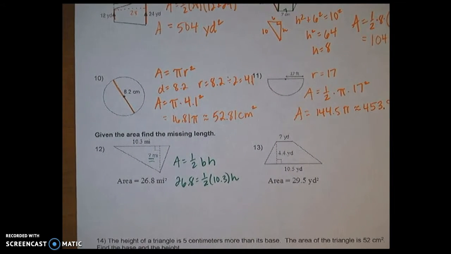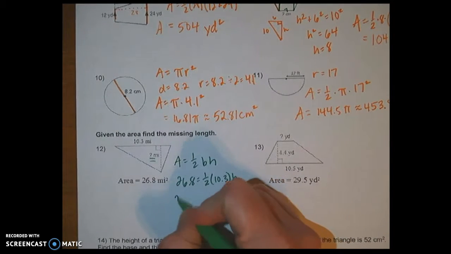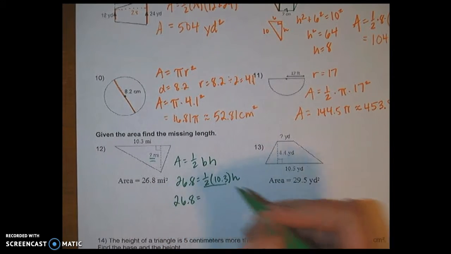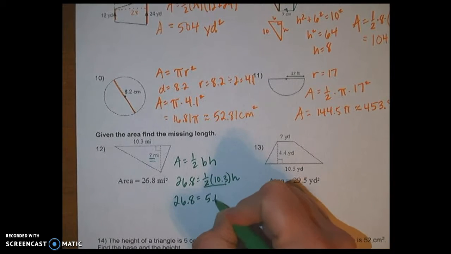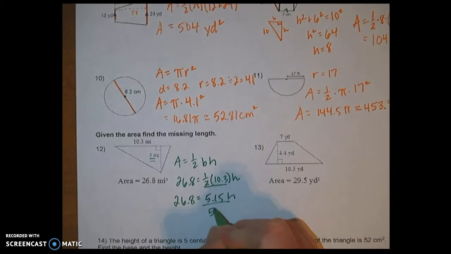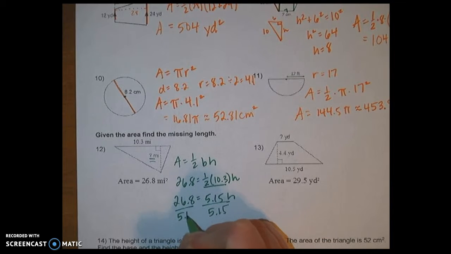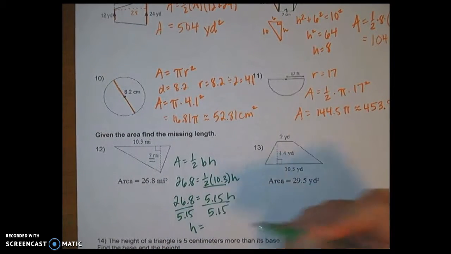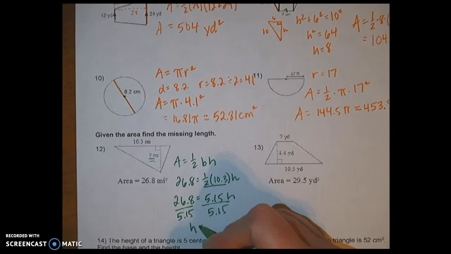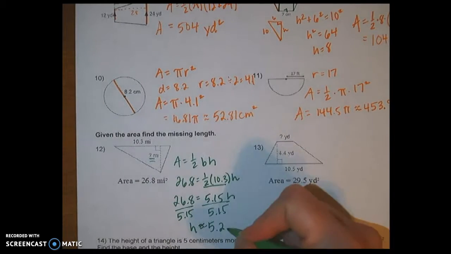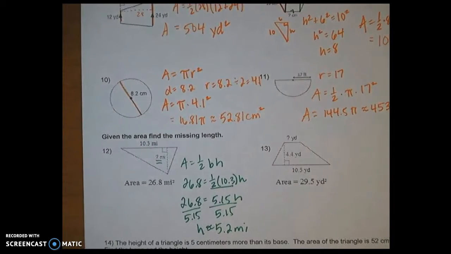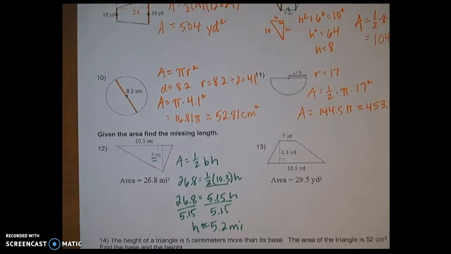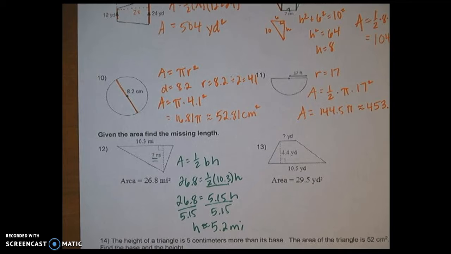So 0.5 times that 10.3, 26.8 equals, this right here gives us 5.15. Divide by that 5.15 to find out that the height in this case of our triangle is about 5.2, and that would be miles. I did approximate that. It's 5.2, so I did approximate that, and I would expect you to do the same thing in this case.